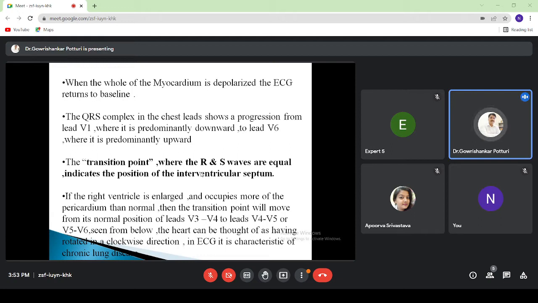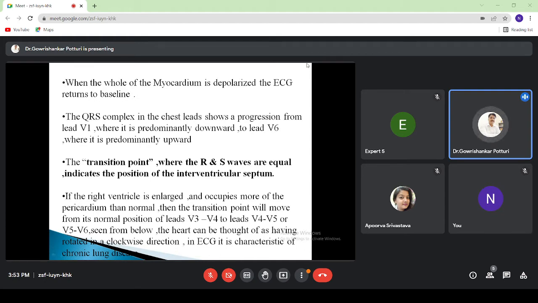The QRS complex in the chest leads shows a progression from V1, which is predominantly downward, to lead V6, which is predominantly upward. That means in V1, your S wave will be very big and R wave will be very small.